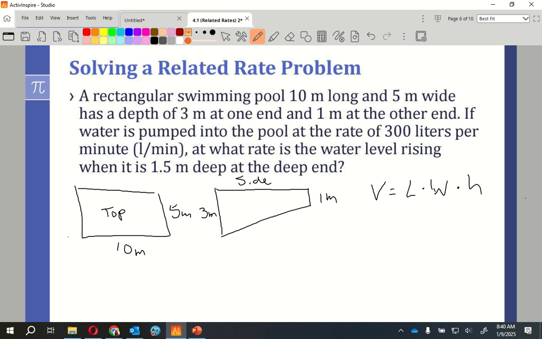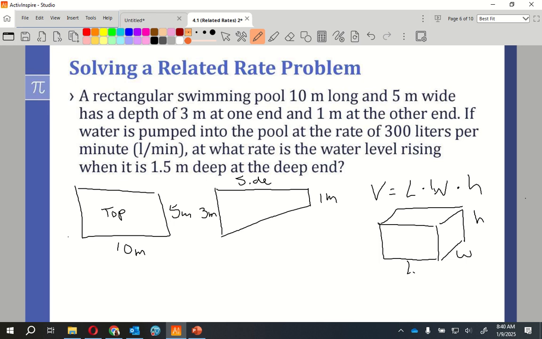A regular cube looks like this: height going up and down, length right here, and width going back there. So length times width times height. Yes? That would be a regular cube.